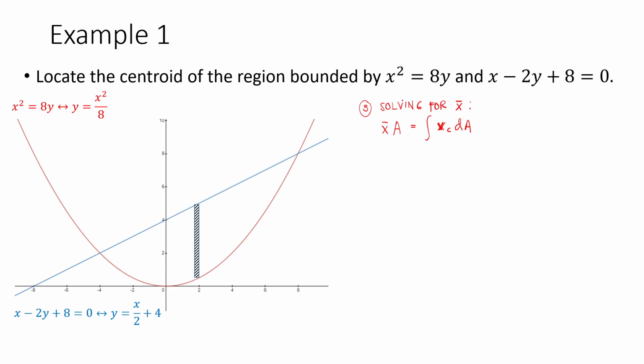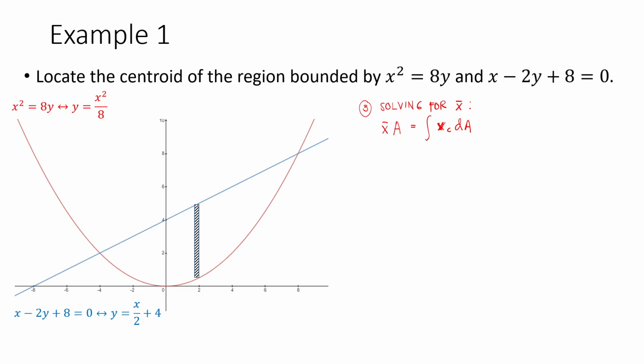So if you have used the vertical strip in solving for the area, then in solving for bar x we're going to utilize the vertical strip as well. You start with the vertical strip, and you end the problem with it also. So if you're going to solve for bar x and bar y, you will be utilizing the vertical strip all throughout the process of solving the centroid. From area to bar x to bar y, you're going to be utilizing the same strip.